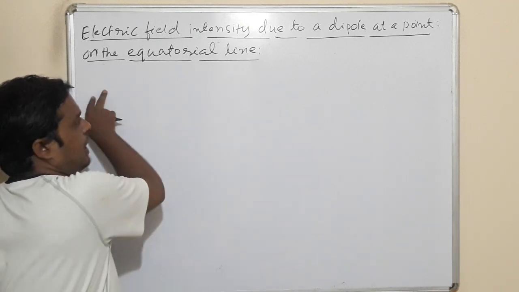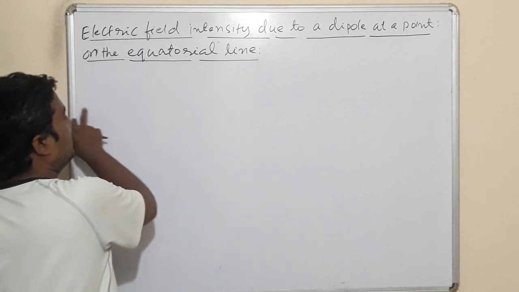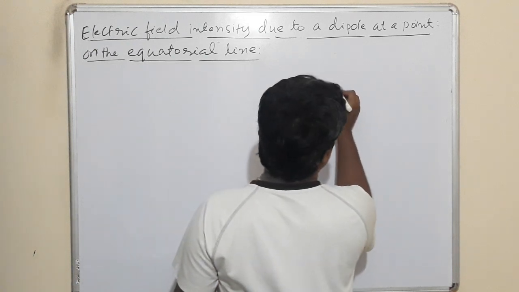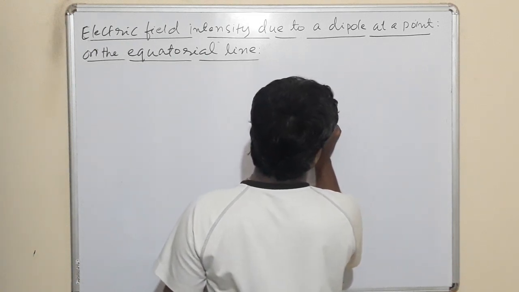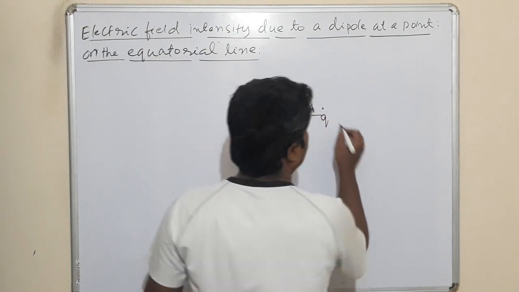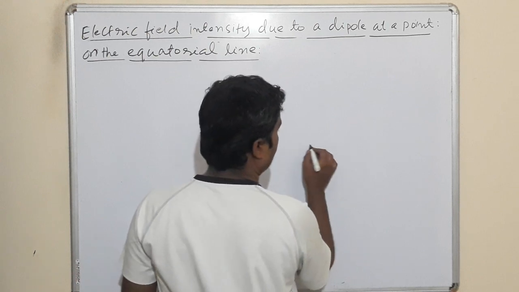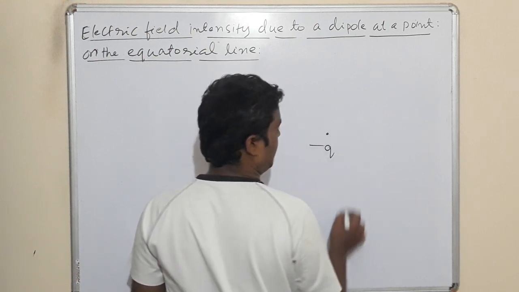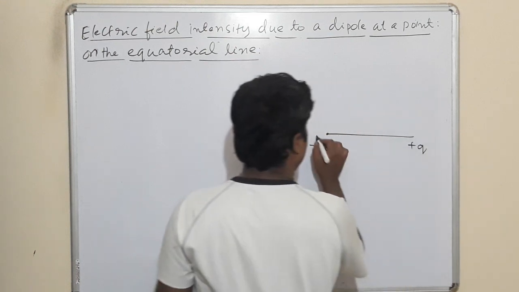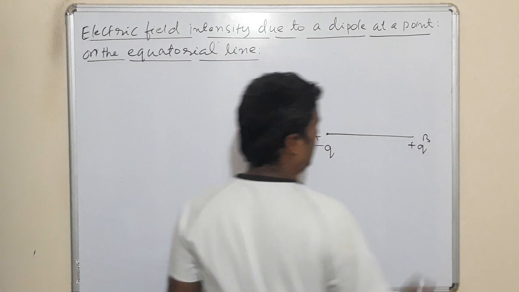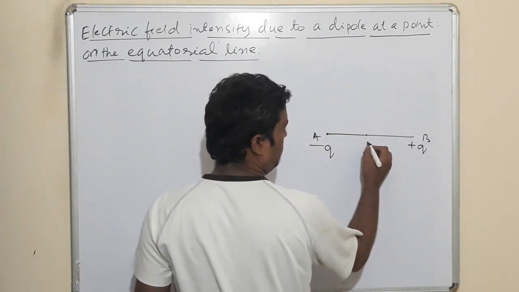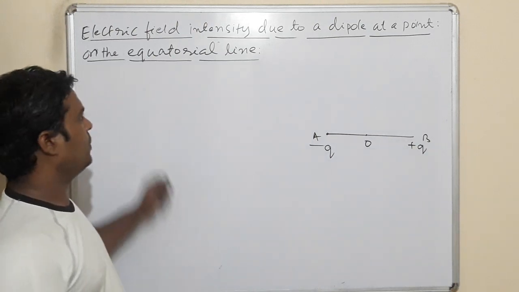Consider AB is a dipole having charges minus q and plus q. Let 2l be the length of the dipole and P a point. Minus q is situated at A, and plus q is situated at B. AB is the dipole, and O is the midpoint of the dipole.